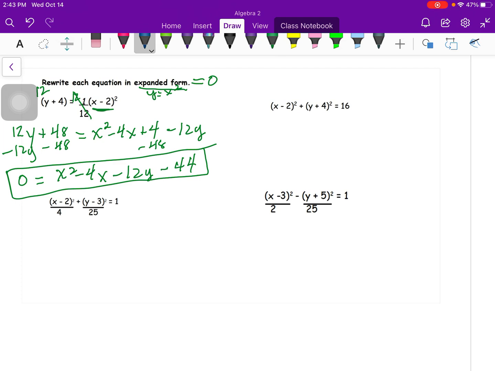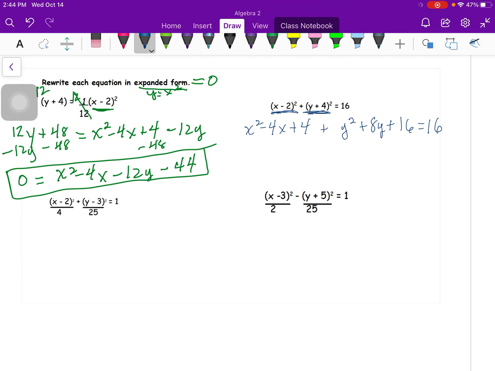The next one looks like a circle, so I'm just going to have to square those. So this squared is x squared minus 4x plus 4, plus this squared is y squared plus 8y plus 16, equals 16.